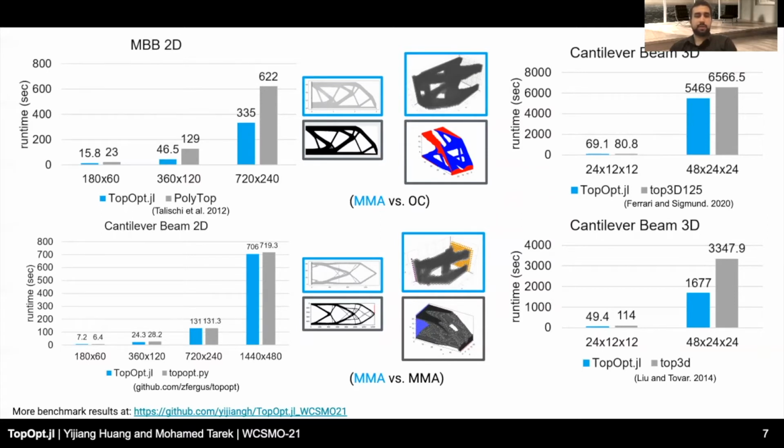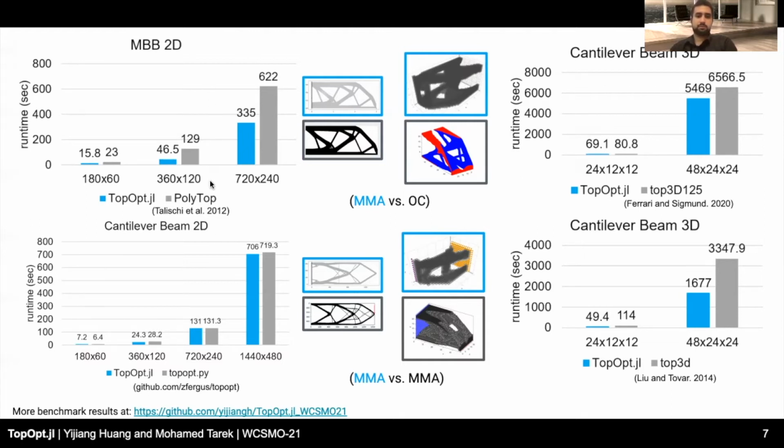Perhaps the only package that was able to match the performance of TopOpt.jl for the most part was Zhifeng's TopOpt package at the bottom left. But almost all the other ones were often significantly outperformed by TopOpt.jl. And this is basically, I guess, a testimony to TopOpt.jl as much as it is a testimony to the Julia programming language and its ability to generate efficient code.